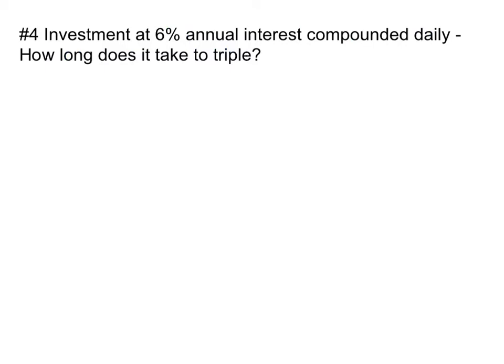Okay, now let's use a different formula that we haven't used in a while. An investment at 6% annual interest compounded daily. How long does it take to triple? So since we're talking about money, we're going to use this formula. A of t equals the original amount, 1 plus the rate, but here the rate must be divided by the number of times you compounded, raised to the nt power.